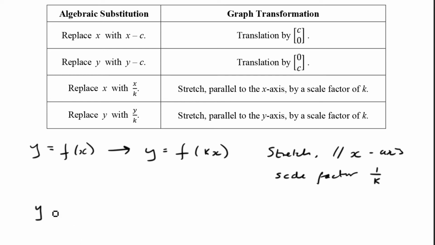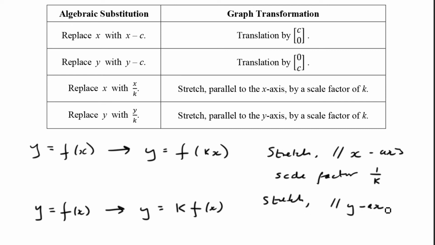The second rule is usually expressed as going from y equals f of x to y is k times f of x. And this would be a stretch. It is parallel to the y-axis, but this time it would be a scale factor of k.